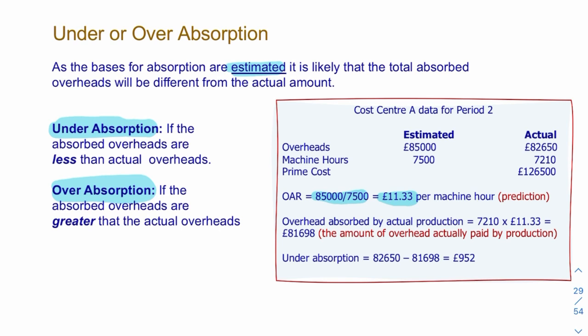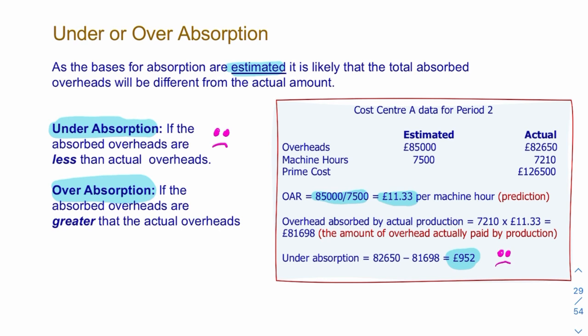You would end up with less than the actual overhead. So this £952 is £952 that haven't been covered by your cost calculations. So that's called underabsorption. And underabsorption isn't good. It means that our model hasn't been able to recover our overheads.